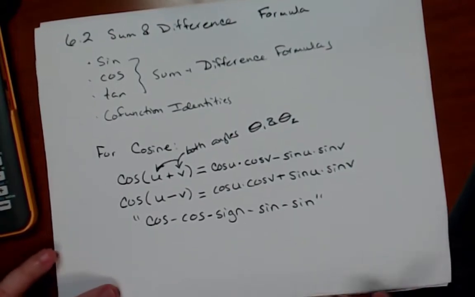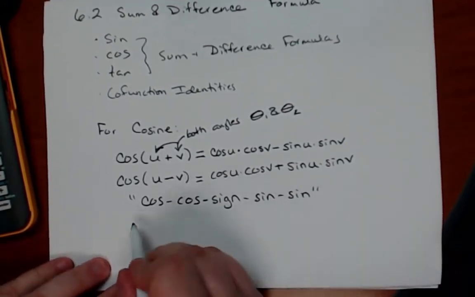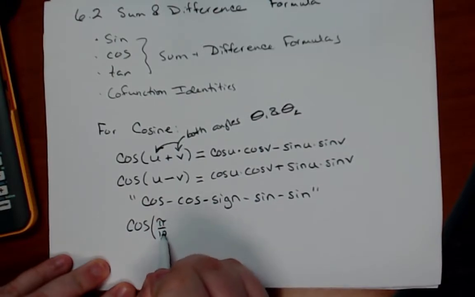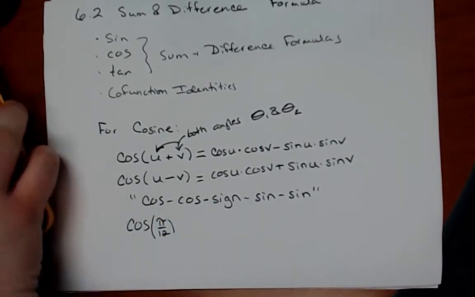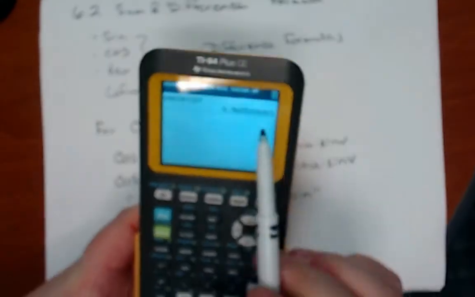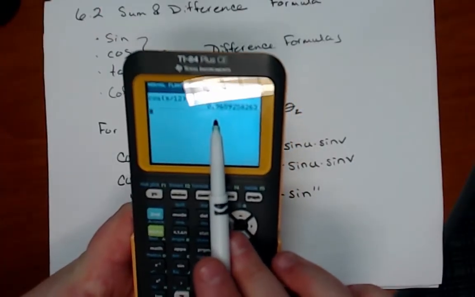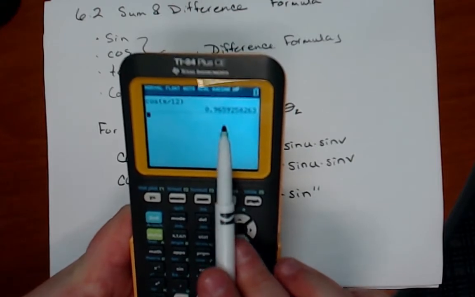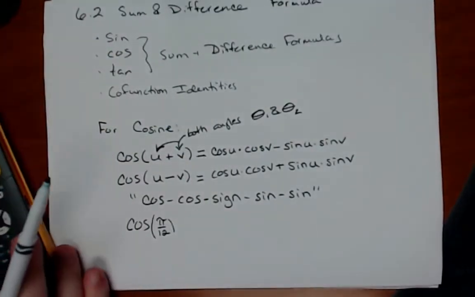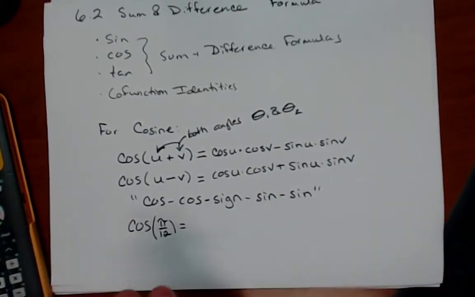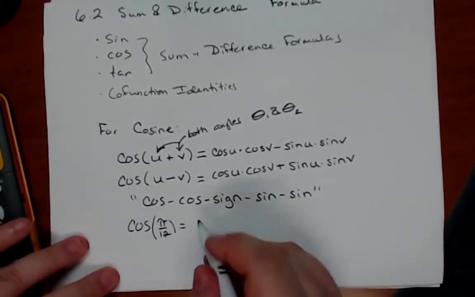So why might this be useful? Suppose we want to know the cosine of our friend pi over 12. Our calculator told us that the cosine of pi over 12 is approximately 0.9659. Well, I can look at that and I can say, you know what? I recognize pi over 12.